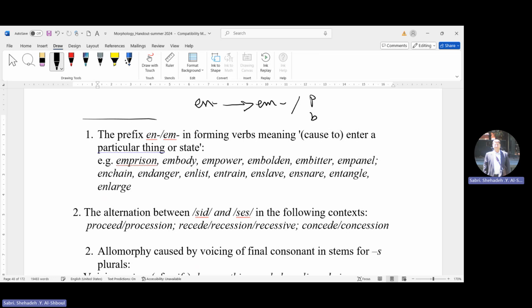So we notice that this allomorphy is triggered by phonology, by the phonemes p and b. So here we have morpheme in and the allomorph m. All right, this allomorph m appears because it is followed by the phoneme p or b. So here it is phonologically determined.